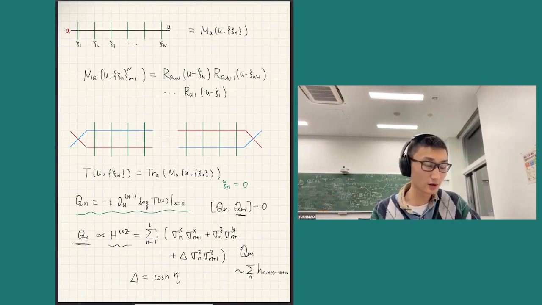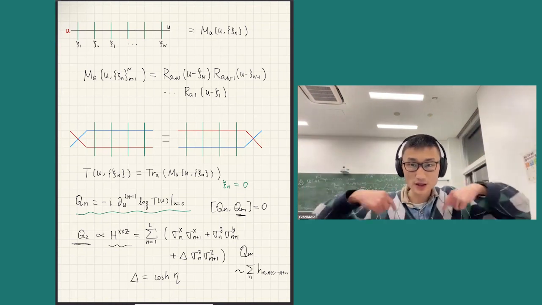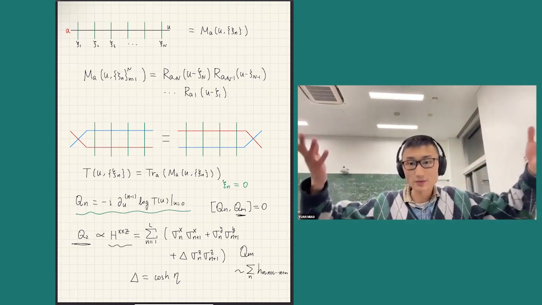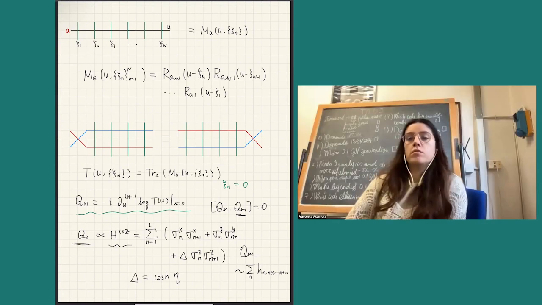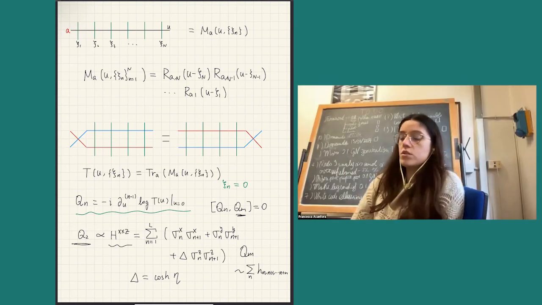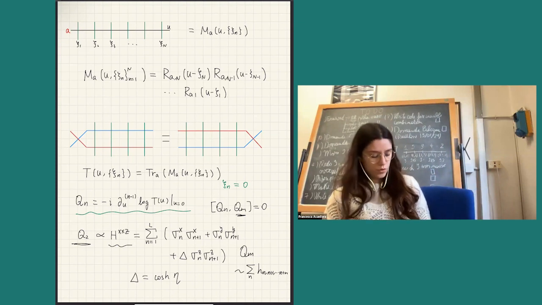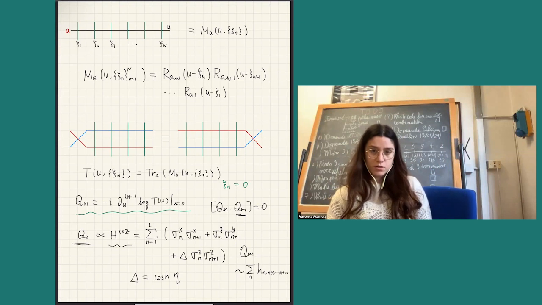In the meantime, you can also think of this as a kind of imaginary time, which is temperature, and then you can study the thermodynamics of this quantum spin chain. Yes. So if you go to higher dimensions, everything breaks down?